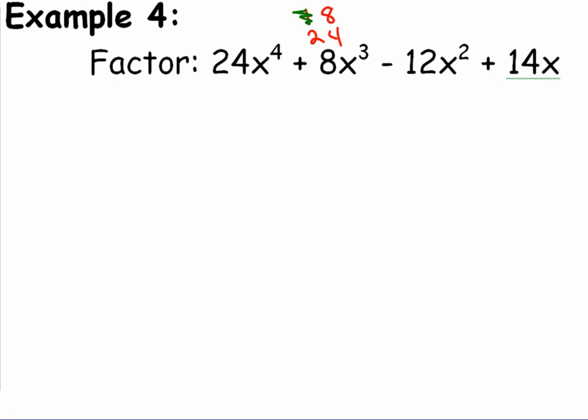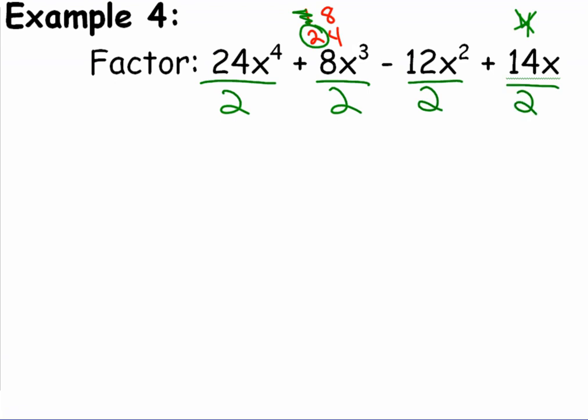I know 2 can go in, but I want to see if there's a bigger number. I check 4. Does 4 go into every single number? 4 doesn't go into 14. So my next one I can use is 2. So I'm going to divide everything by the factor of 2. And that's going to go on the outside of my parentheses.